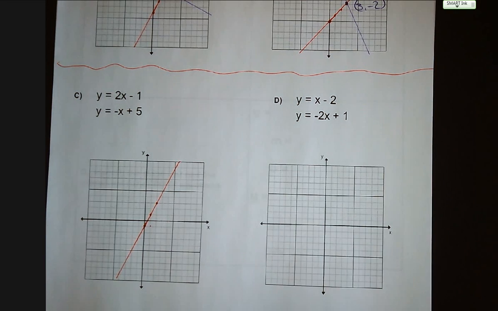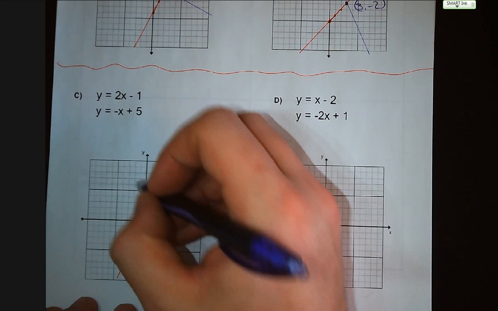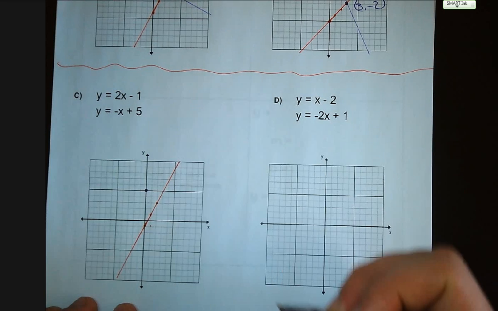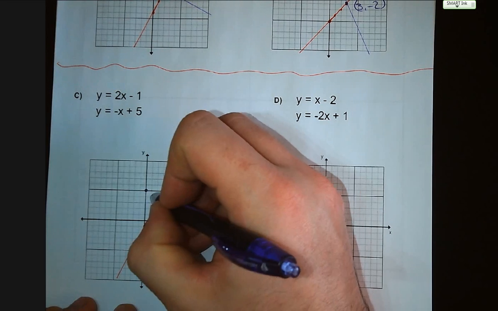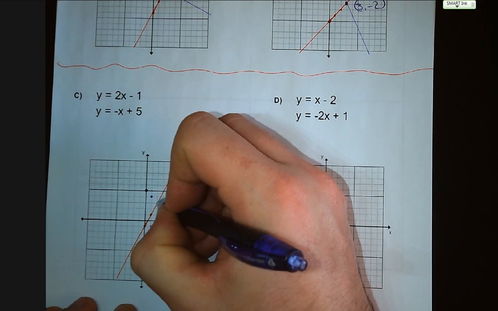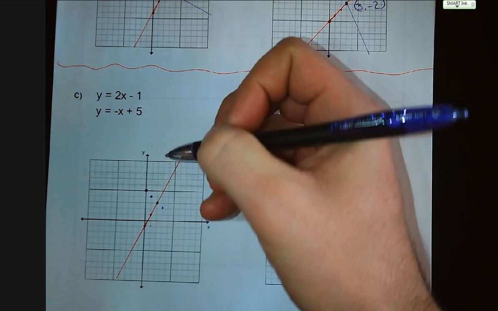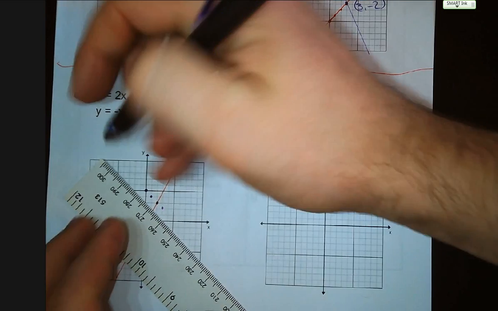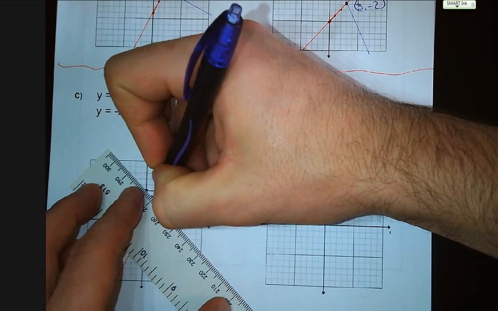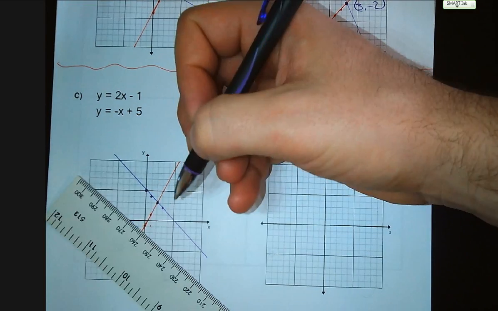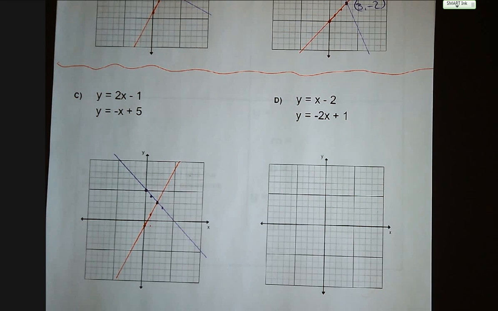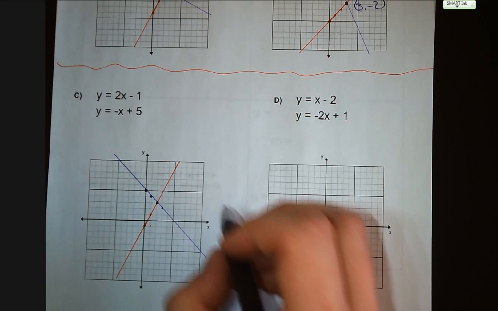All right, and our second equation, we have a point at +5 and a slope of -1, so down 1 and to the right 1. Connect our dots. And we find our solution is at the point +2, +3.